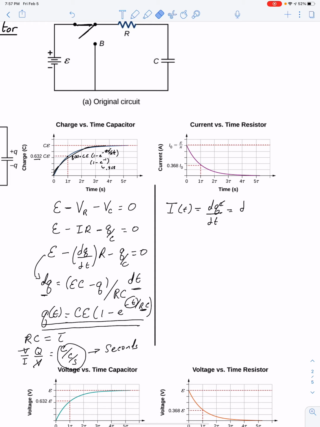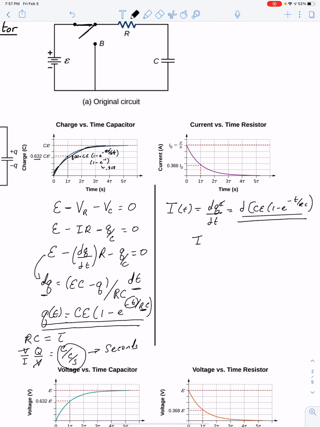Let me erase this so we don't get confused. We can write down 1 minus e to the negative t over RC, or tau, and take the derivative of this equation.